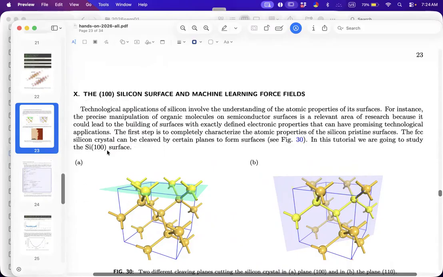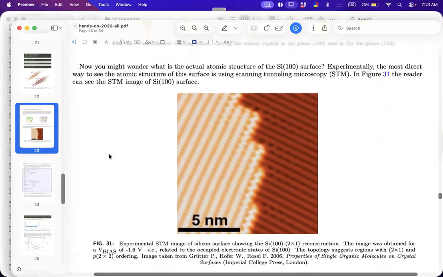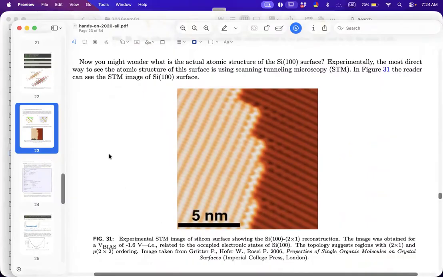Okay. So we're going to use DFT to calculate the properties. But one extra thing: if you want to observe surfaces directly in real space, the only techniques we have are either AFM or STM.